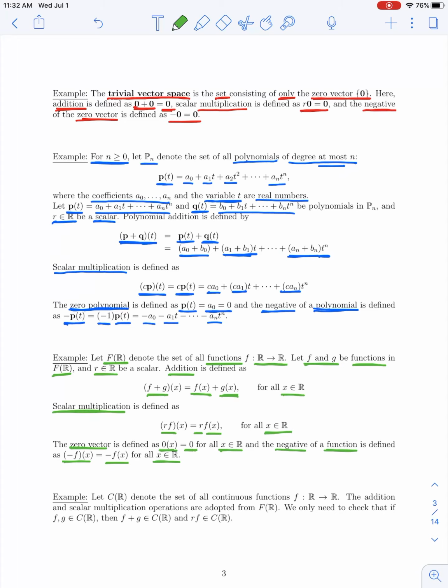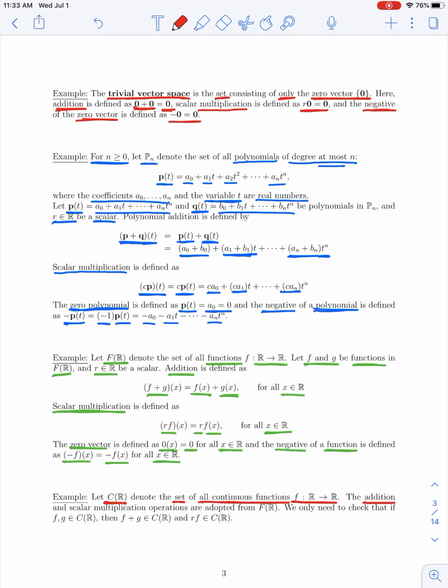If we want to restrict ourselves a little more to a certain type of function, we can use a different notation. For instance, C of R will be the set of all continuous functions f from the real number line to itself. So if we want to specify that these functions must be continuous, we would use a different notation.